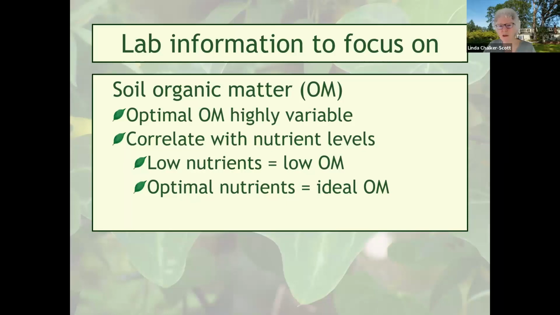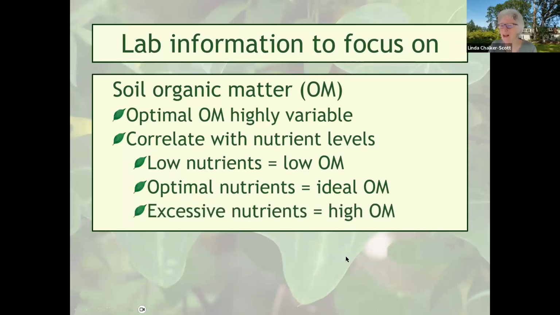And you'll see this year after year, if you do testing, that your organic matter stays about the same. If, like many gardeners on this side of the state, you have excessive nutrients, it is almost always correlated with high organic matter. If it's not high organic matter, then it's excessive fertilizer out of a bag or a box. But these are things that you can correlate and make decisions about really easily when you can see those numbers right in front of you.